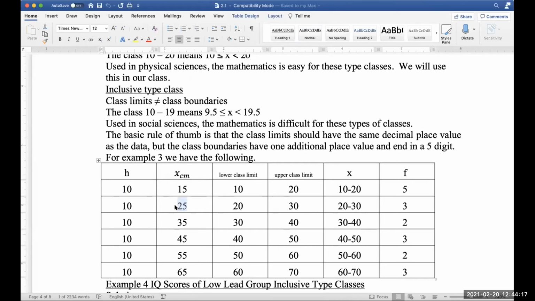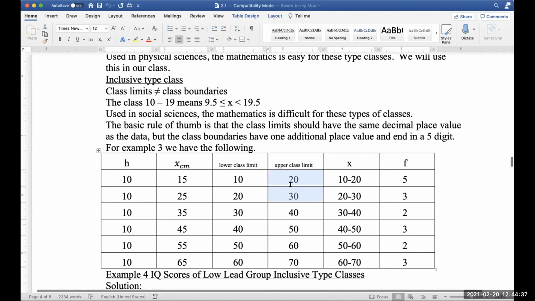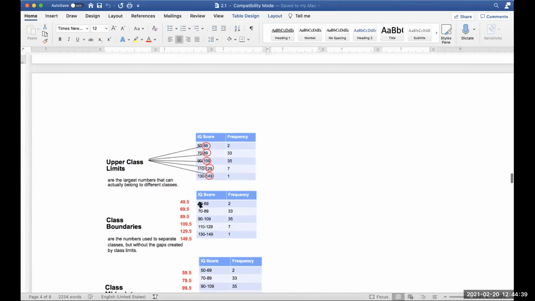You can subtract class midpoints, or you can subtract the class boundaries, or the class limits. So all of them come out with the same number. That's not true for inclusive type classes.